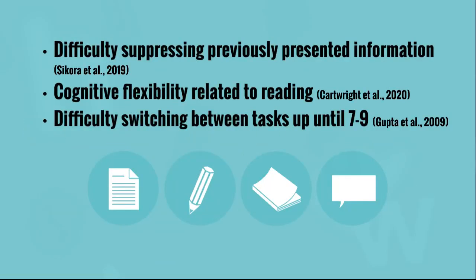And we can see this play out in a lot of research studies. Sikora and colleagues demonstrated that children with executive function difficulties score lower on all areas of executive functioning. When they looked at inhibition specifically, what they did was present a distractor word before having children complete a picture description task.